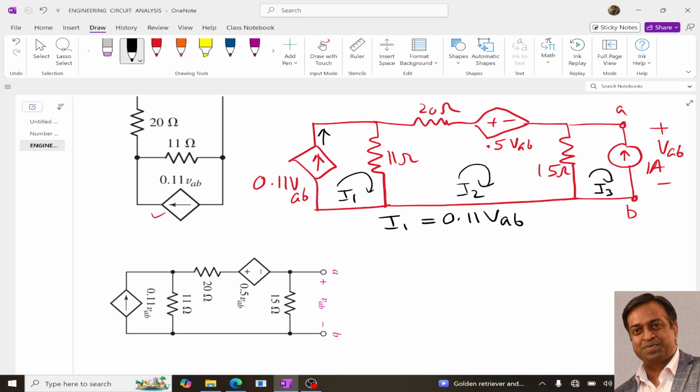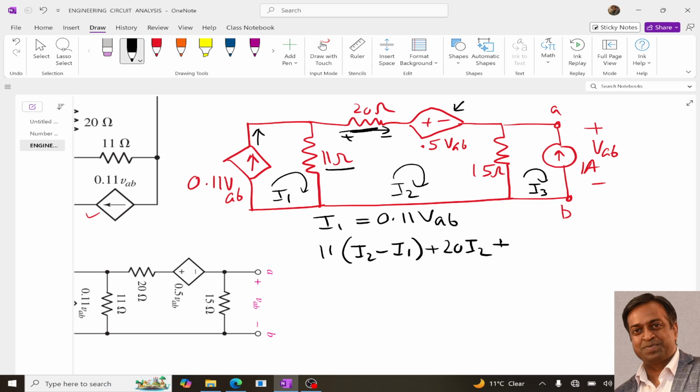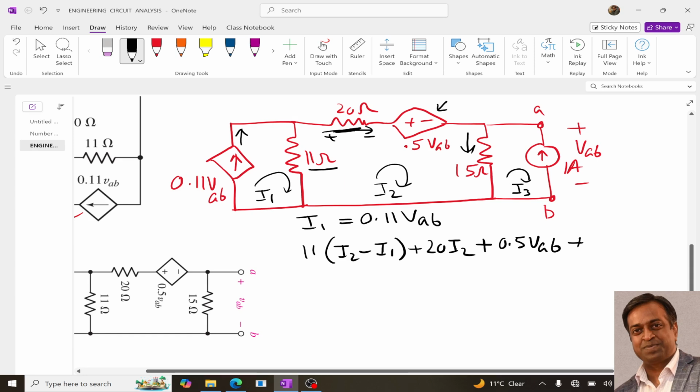For loop 2, writing the KVL, we will get 11 times (I2 minus I1), for this 20 it is 20 I2, plus, now over here the polarity is changing from plus to minus, similar to this, so we will take this as plus, so it will be 0.5 VAB, and then this 15 ohm, so again plus 15 times (I2 minus I3) equal to 0, right? So this is our second equation.